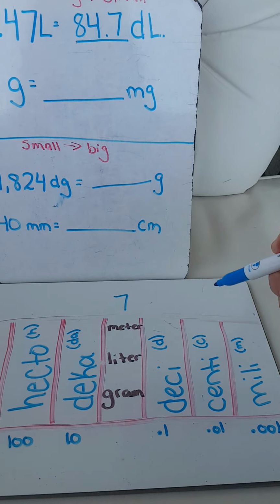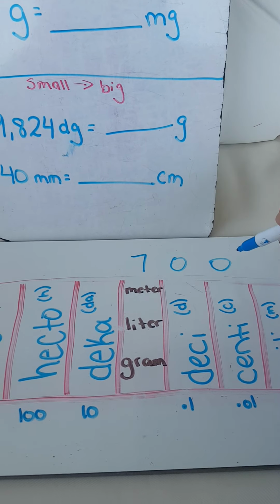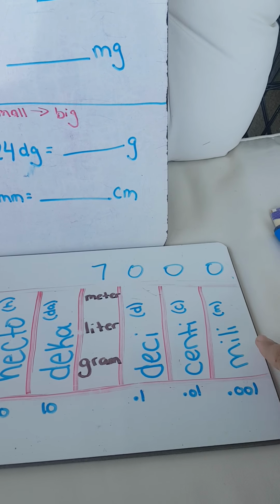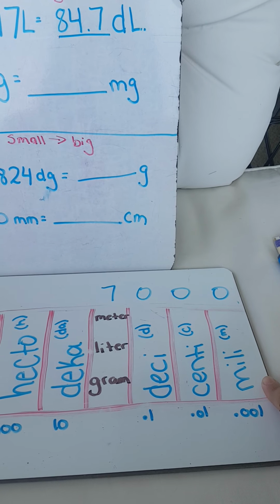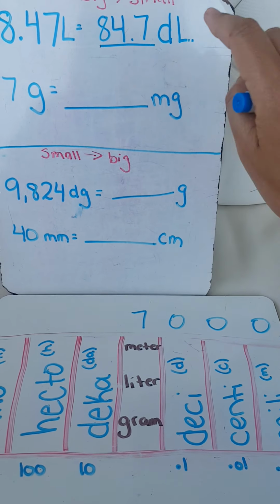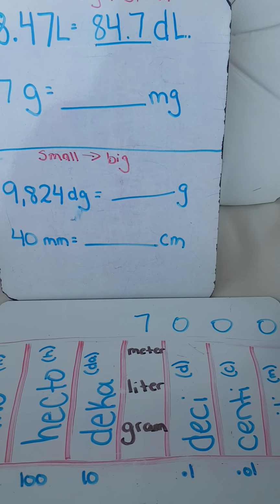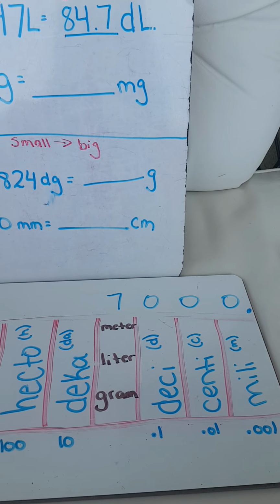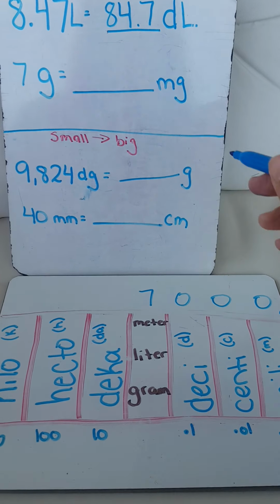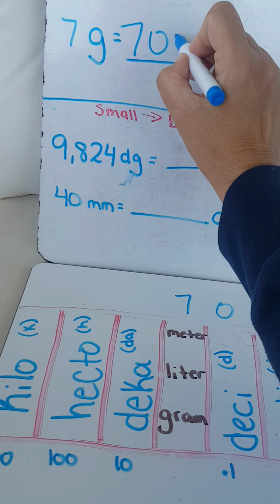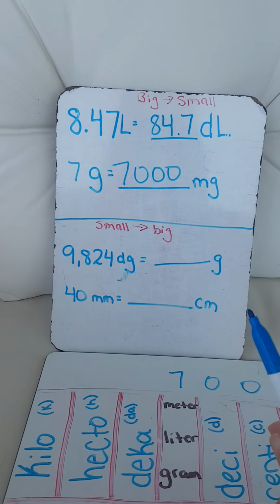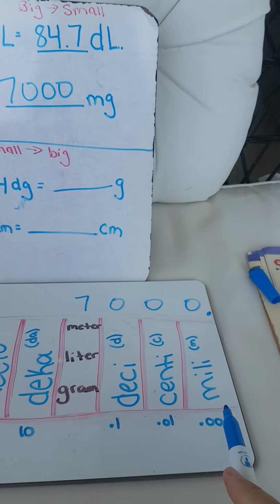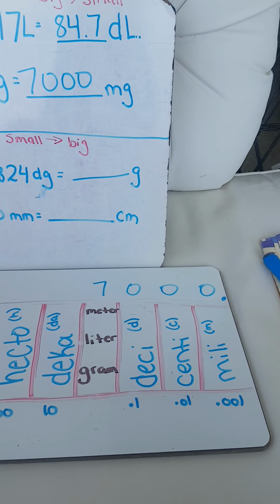That means I'm going to put a whole bunch of zeros all the way to milligram, and I'm going to stop. Now, where does that decimal point go? It always goes after what I'm looking for, so after milligram. So 7,000 is my answer. That's it. 7 grams is equal to 7,000 milligrams.